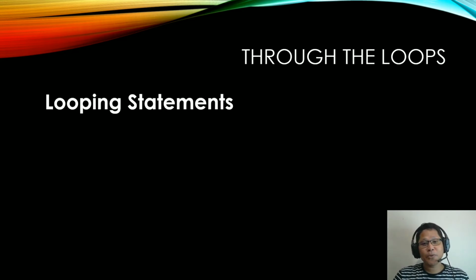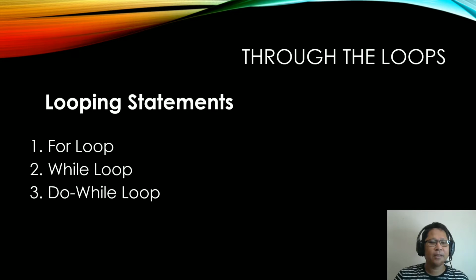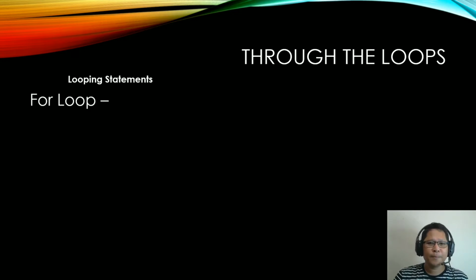Now let's proceed with looping statements. I think there are 3. Number 1 is the for loop, the second one is the while loop, and the third is the do while loop. Okay? So what is a for loop?